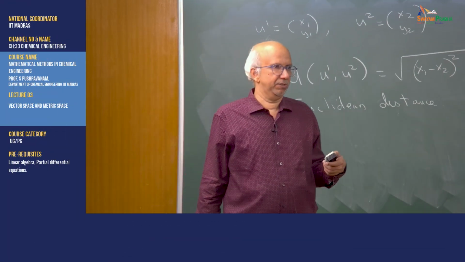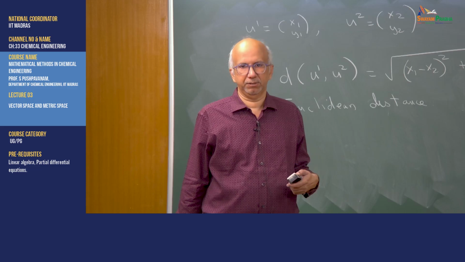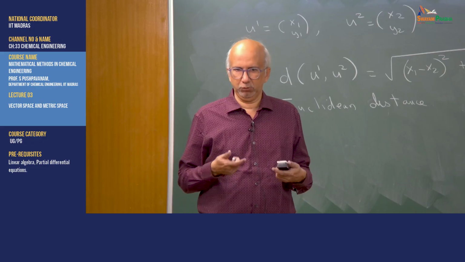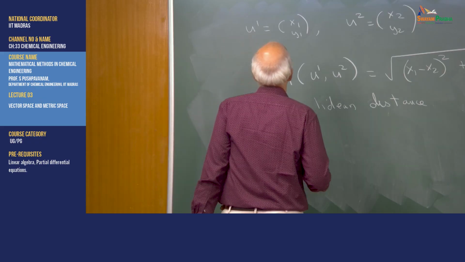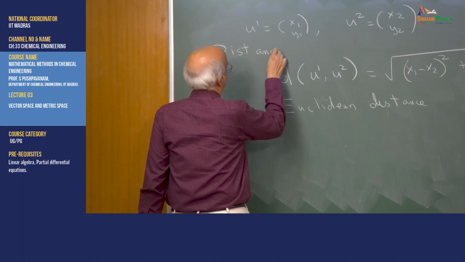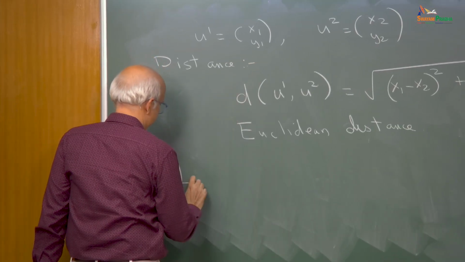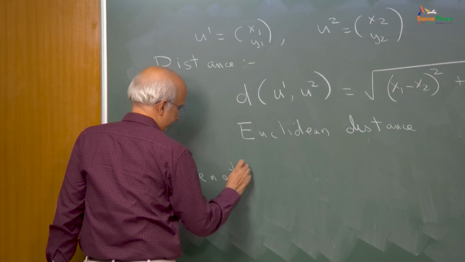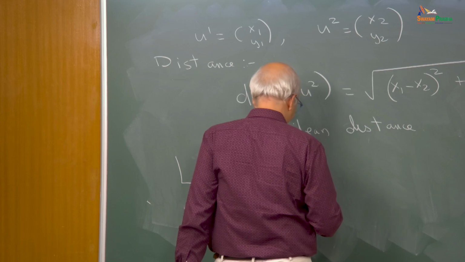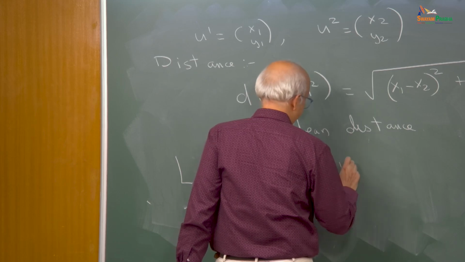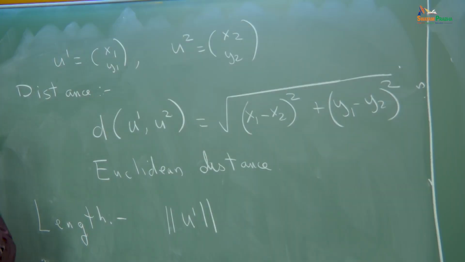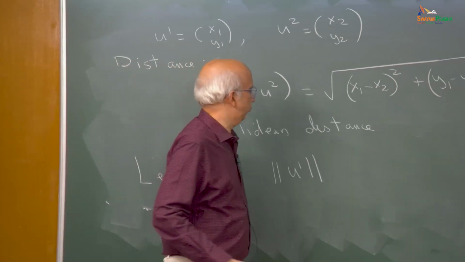The other concept which comes is the concept of length of a vector. So, when you talk about distance, you talk about distance between two vectors. When you talk about length, only one vector is there. So, this is distance. The other concept is length, and I am going to use this symbol for length, two lines to the right, two lines to the left.